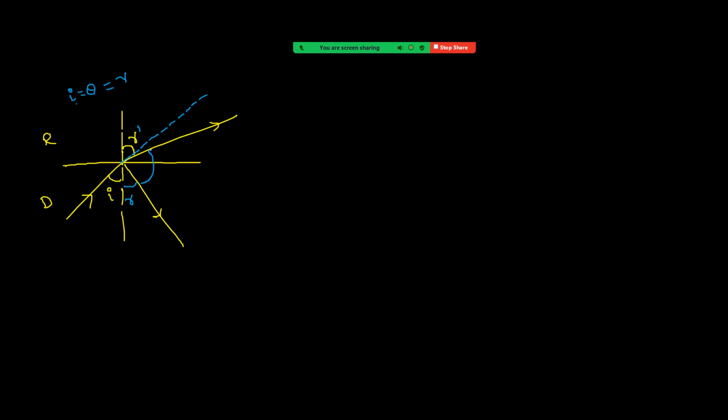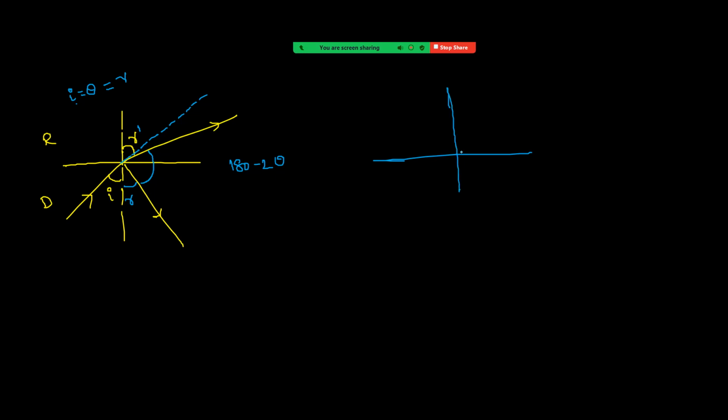In such a case, this value will be less than 180 minus 2 theta. Or you can think like this. This is theta. This is also theta. I will make a diagram separately.